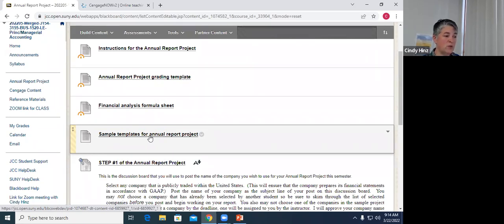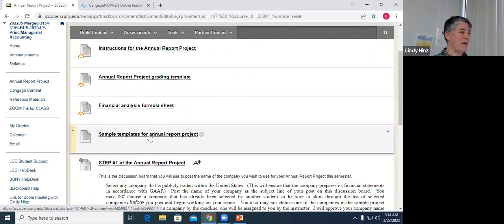If you do use those templates, you can save them and attach them as a second file, along with your Word document that is the project itself, and just refer to the calculations in the templates. That's perfectly fine.